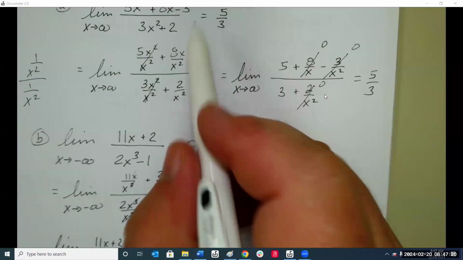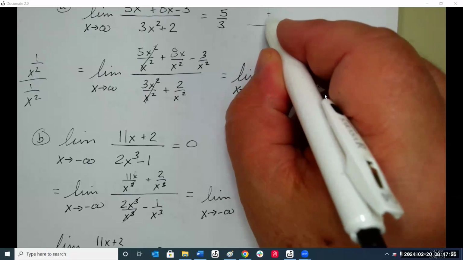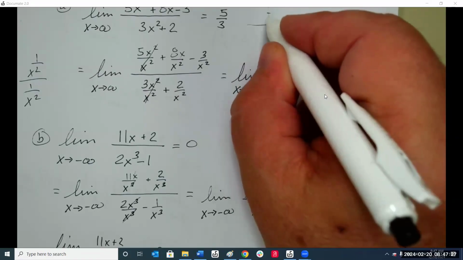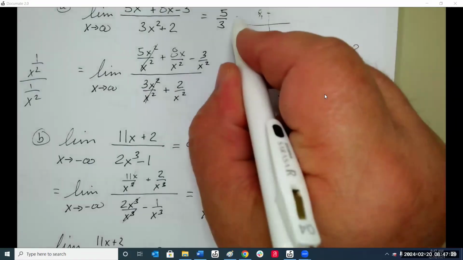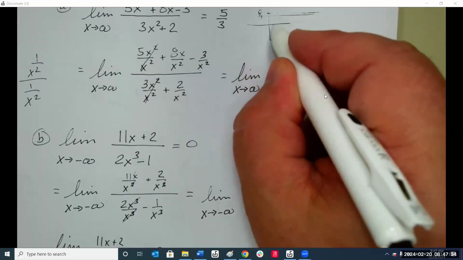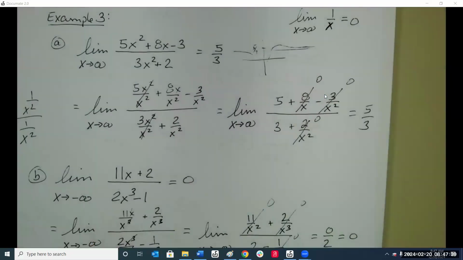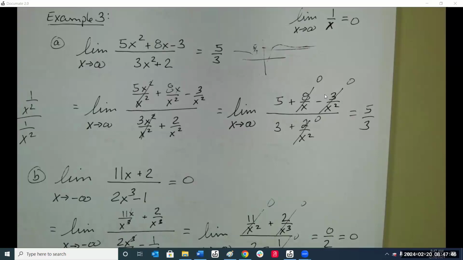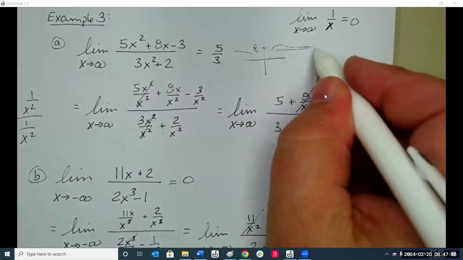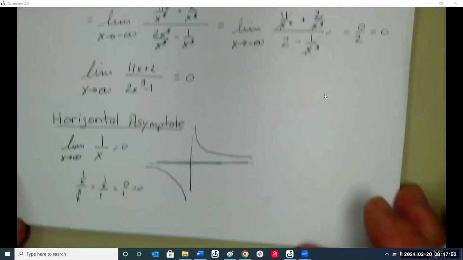This first graph, on the horizontal line 5/3, is going to cross and taper back down, and this side is going to approach it. But it'll never touch that line. It'll never stay constant on that line. It crosses at one time, but then it tapers back down to it. Same thing with the other one.